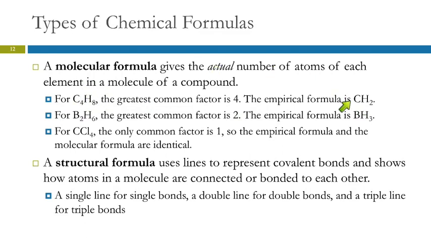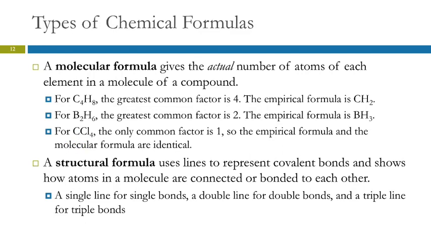That's the empirical formula. Here's another one, B2H6. From this molecular formula, you should be able to figure out what the empirical formula is. Just find the lowest ratio. 2 to 6 simplifies to 1 to 3. For carbon tetrachloride, CCl4, that's a ratio of 1 to 4.